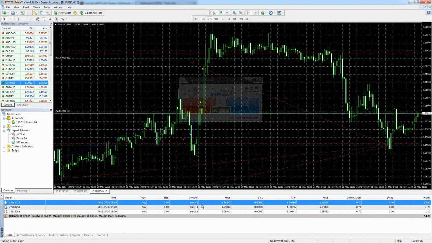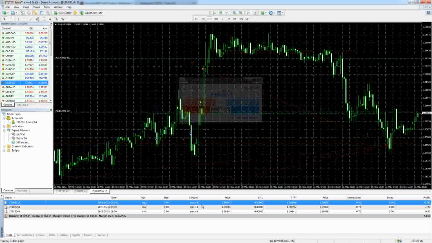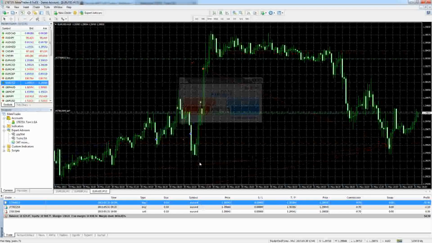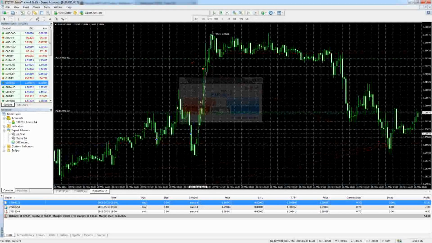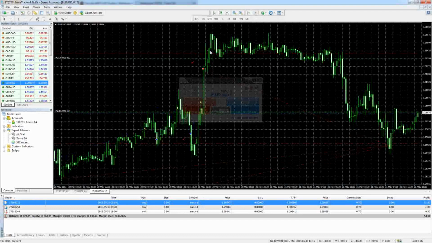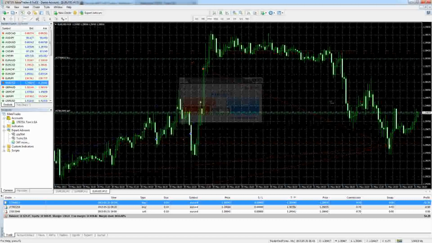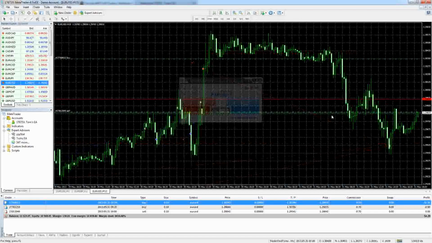It's not the system that's trying to pick the perfect time to get into the market. It's not trying to figure out how to make 90 pips on that big move. That's not what it's trying to do. It's trying to use the cost averaging approach. And what that means, it's taking multiple positions at different prices to have like an aggregate or cost averaged overall position.